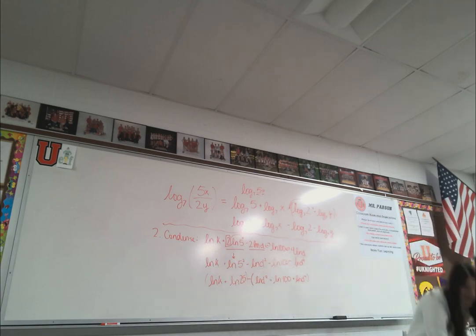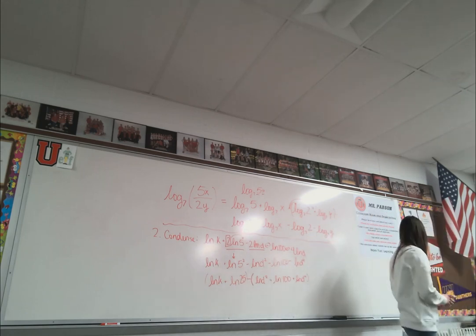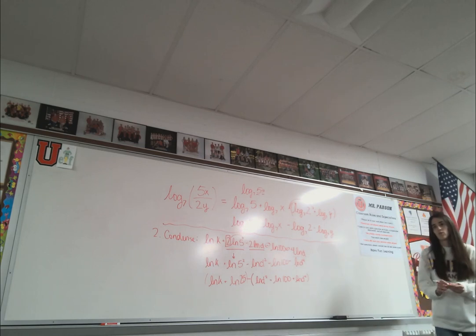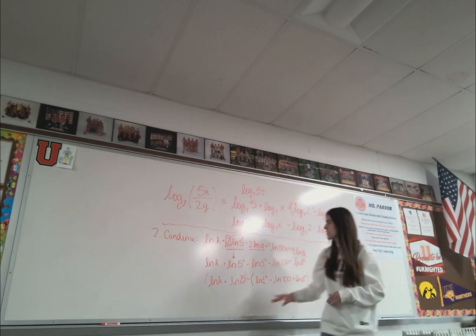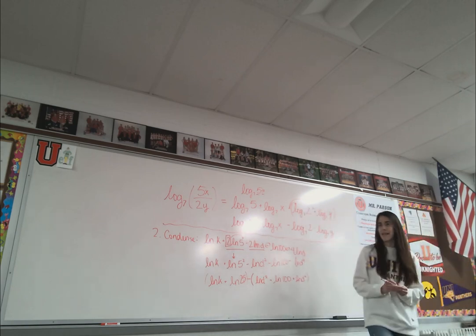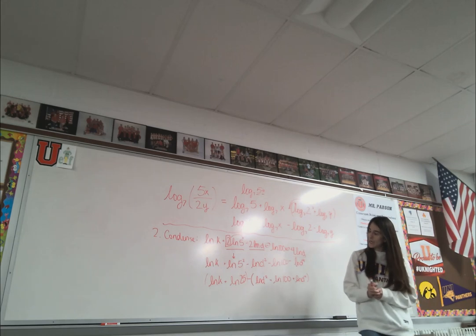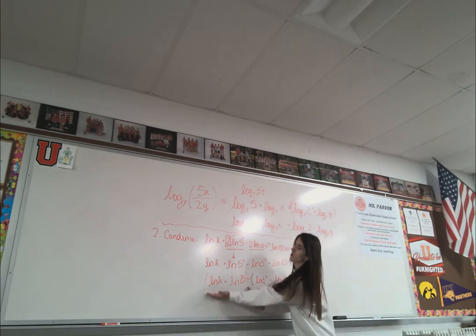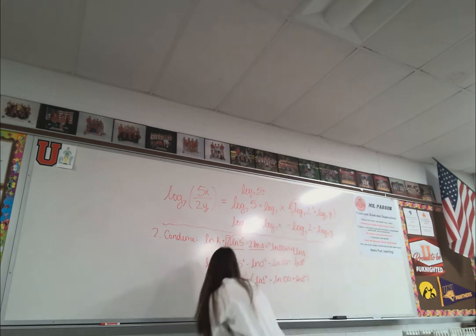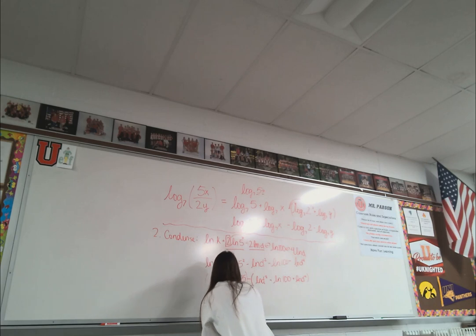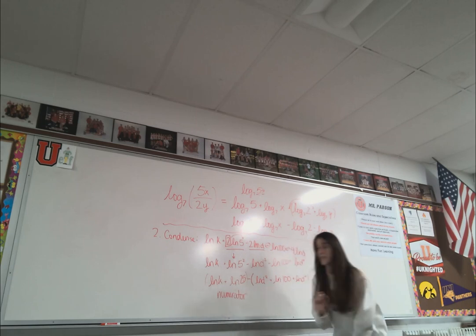We could group those together. Braden says separate them into numerator and denominator. Which one's going to be my numerator and which my denominator? The positive will be the numerator. I'm just going to write numerator under it. And then this is the denominator.